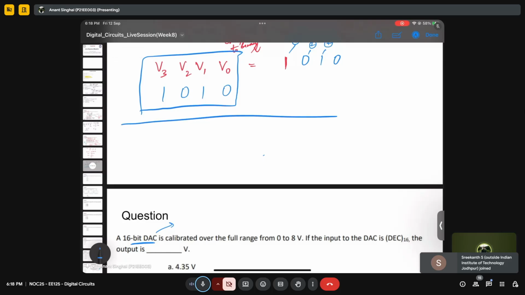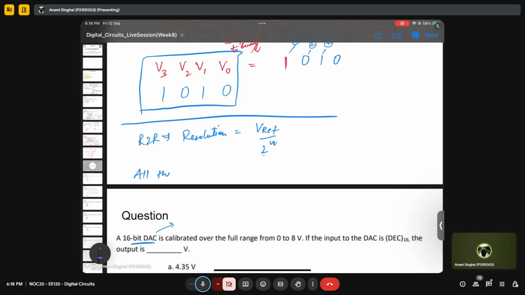As you can see, for an R2R ladder, we just saw the resolution was Vref times 2 raised to the power n. For all the other DACs that we have, that is the binary and all the others, the resolution is nothing but Vref by 2 raised to the power n minus 1.